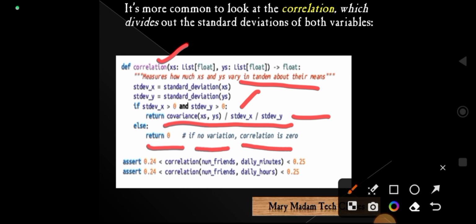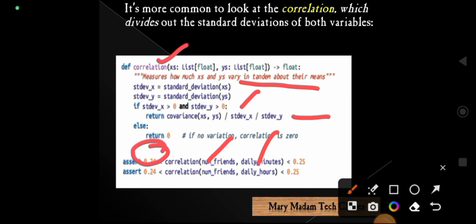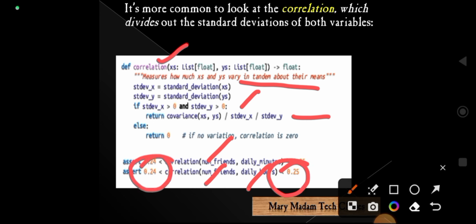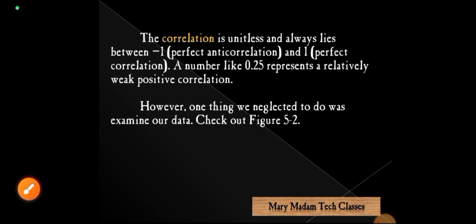The output for number of friends with daily minutes is the correlation value 0.25. With number of friends and daily hours, the output is also 0.25. This is about the correlation, how it comes.